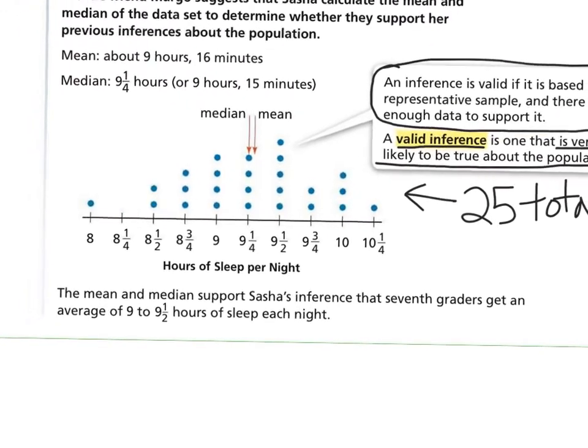If there are 25 numbers altogether, that means 12 on each side, so the 13th number would be the median. So 1, 2, 3, 4, 5, 6, 7, 8, 9, 10, 11, 12, 13, and there is the median. You might ask how you know to start at the top or the bottom, and the answer is it doesn't matter. If you had started at the bottom, it still would have been 9 1/4 for the median.